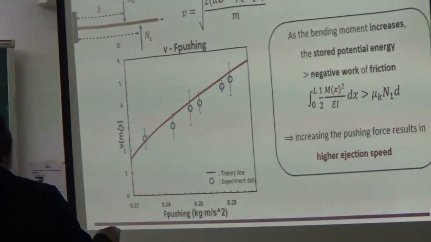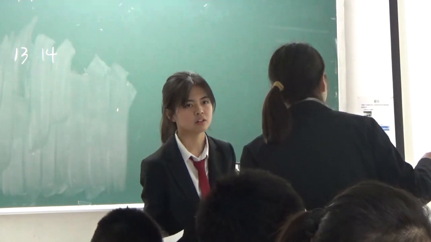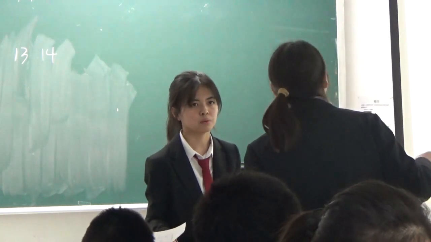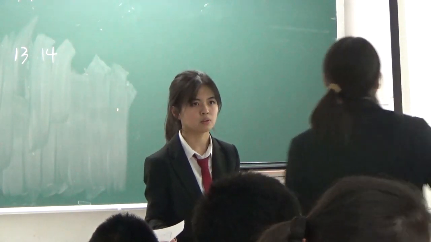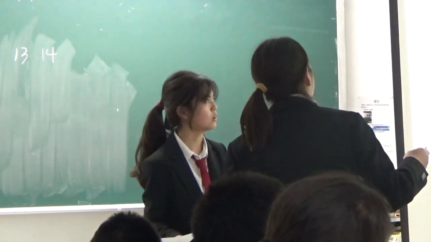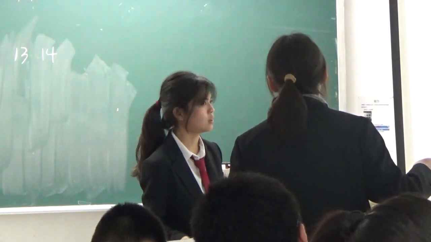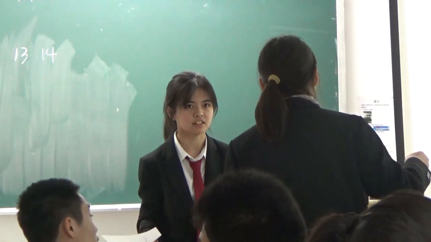So that is our theory line. So you use the formula to draw a line, or you calculate the potential energy and the force and know the velocity, and draw a line. Yes.